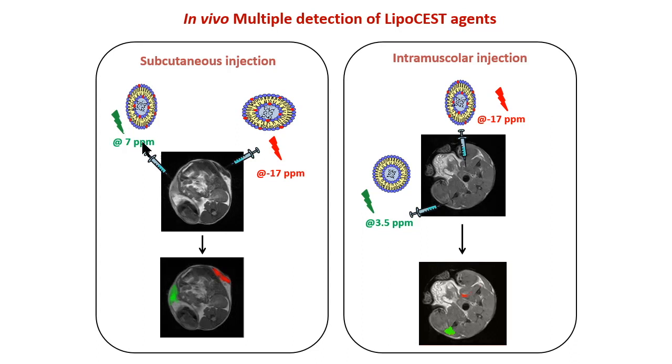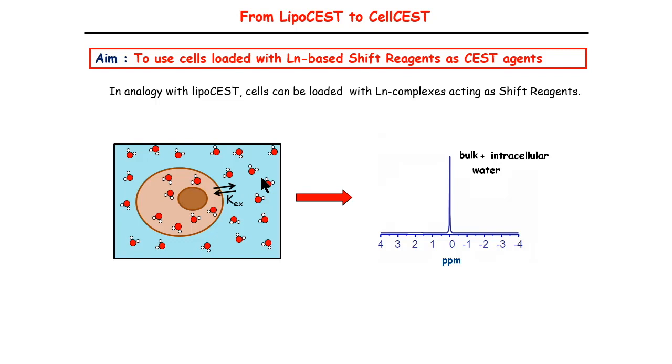And this is the chemical shift of the water molecules inside the inner cavity of the liposome itself. Okay, so from liposomes, a further item of research that is currently under intense scrutiny is to say, well, if we exploit the water inside the liposome, why could we not exploit simply the water that is inside the cell?